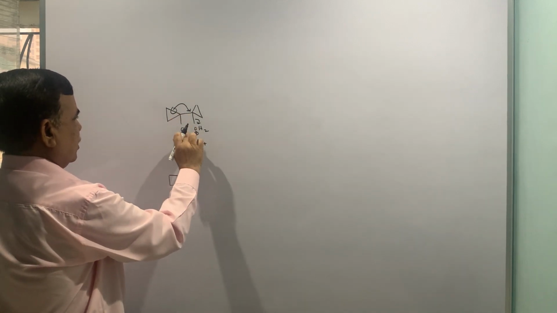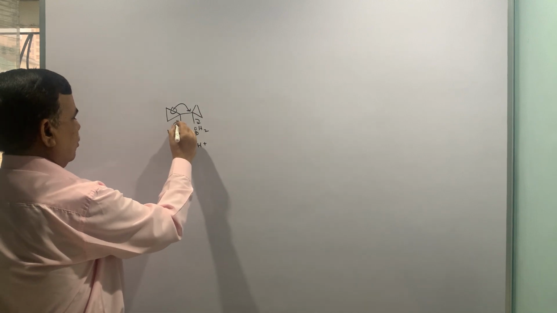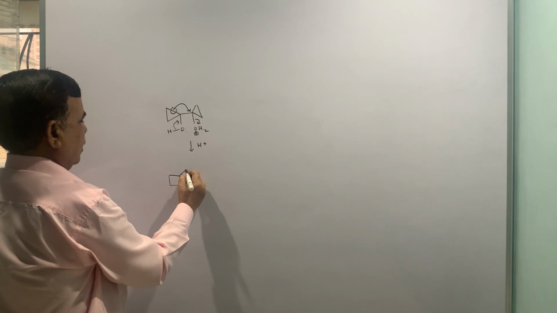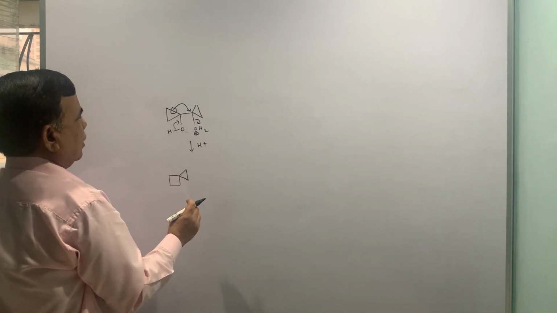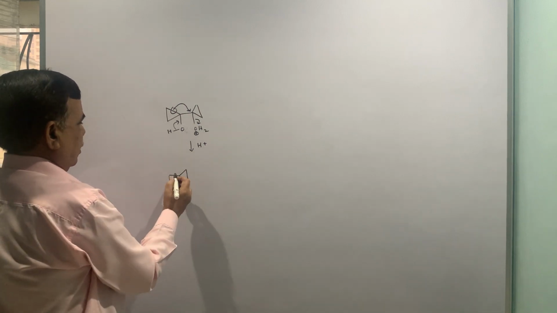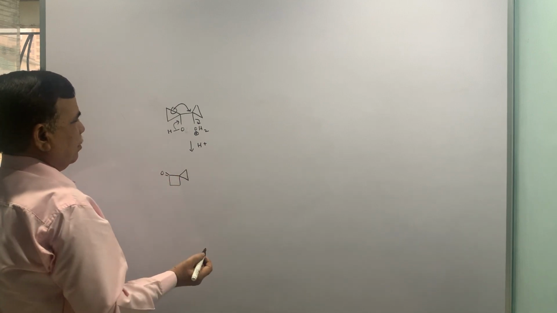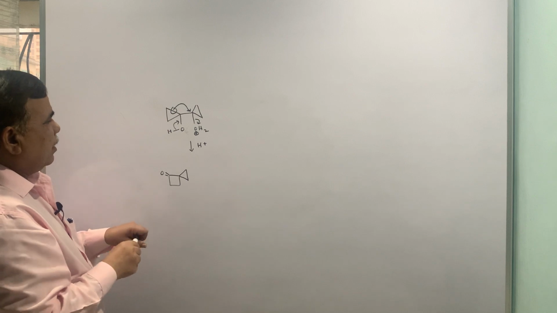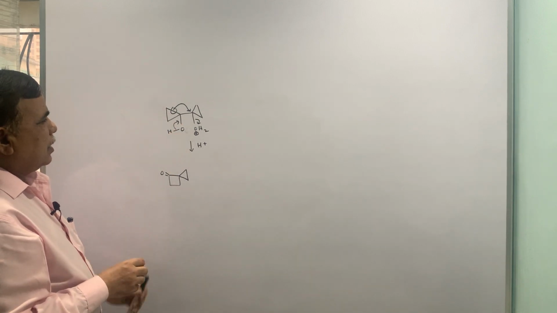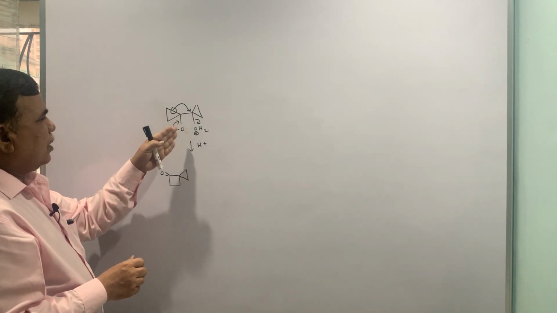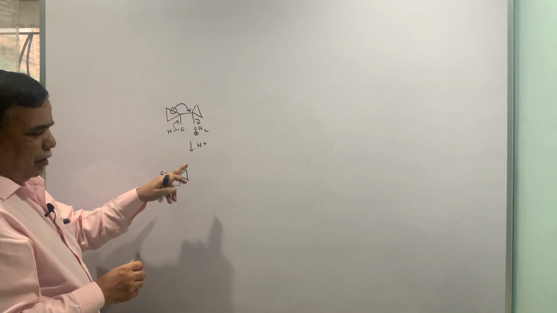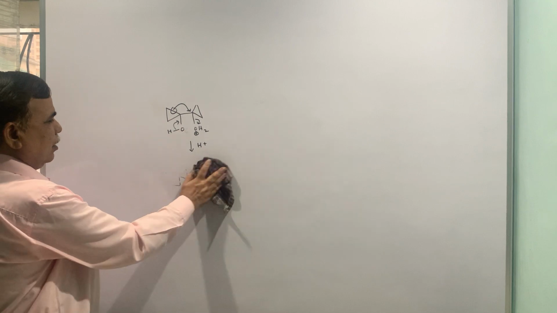This becomes a ketone, and now you will be having, let's say, carbonyl here. This is one of the products wherein one ring expansion is there, and the carbonyl group will be at the second position. This is one of the products. Okay.